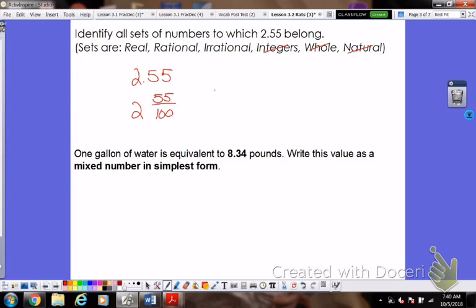And since we can write it as a fraction, that means that it is rational. And if it's rational, it can't be irrational. It can never be rational and irrational. And then at this point, all the numbers that we're talking about are real. So we also want to list it as real. Okay, so there's an example of classifying. We'll do a lot more practice with that.